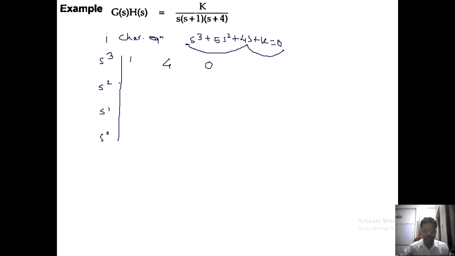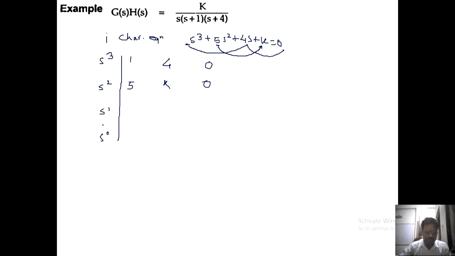Now the coefficient of s square is 5, then next, leave the 4s, then k, then nothing is there, so 0. So write down the coefficients of the odd terms, 1, 4, 0, and the even terms, s square and the constant, that is 5 and k.